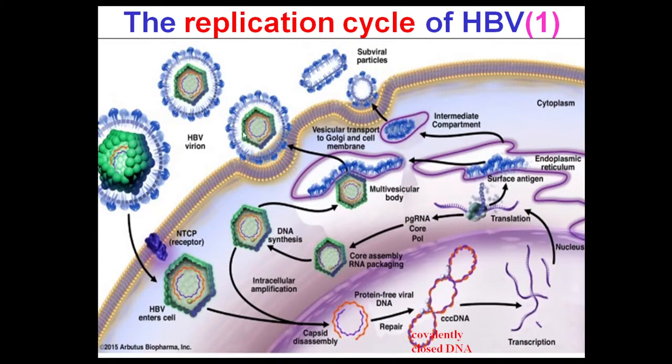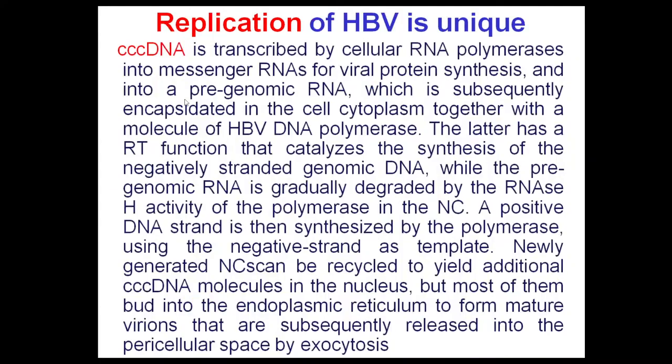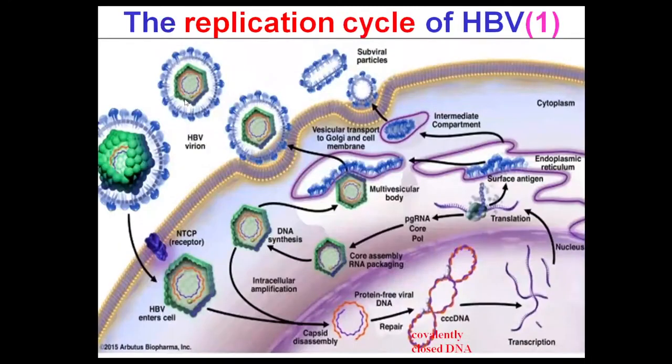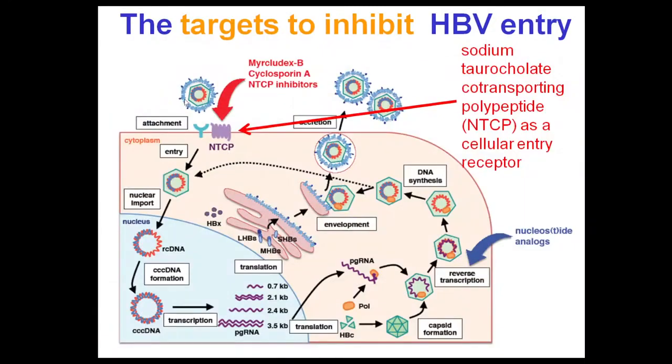So when viruses are released, the positive strand is usually incomplete. So we've got a partially double-stranded DNA molecule. That is the short description of the viral hepatitis B replication.